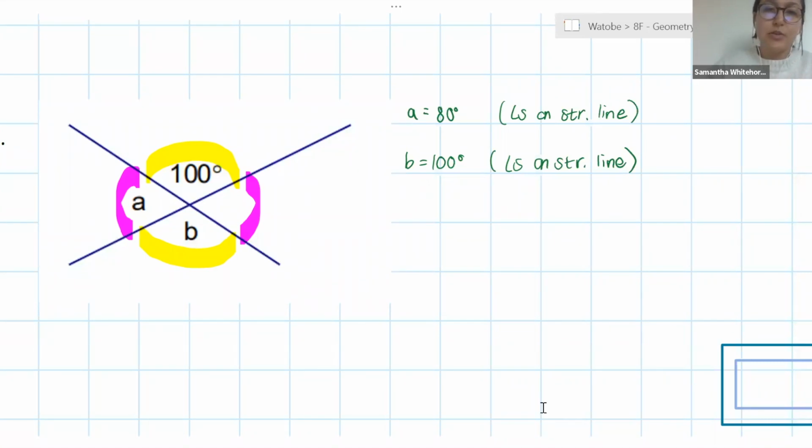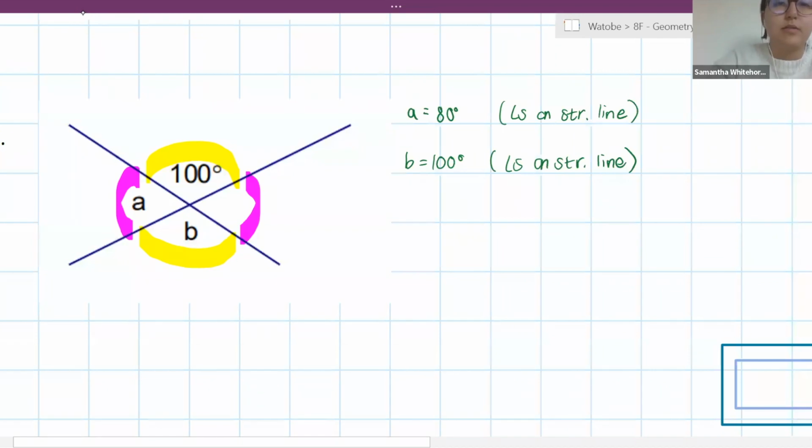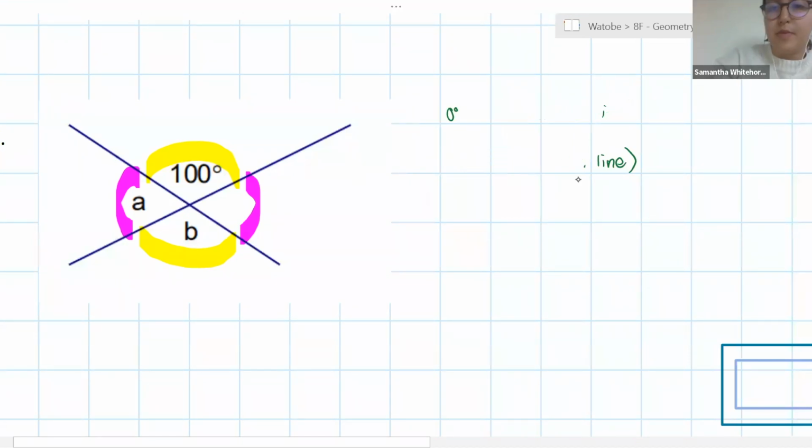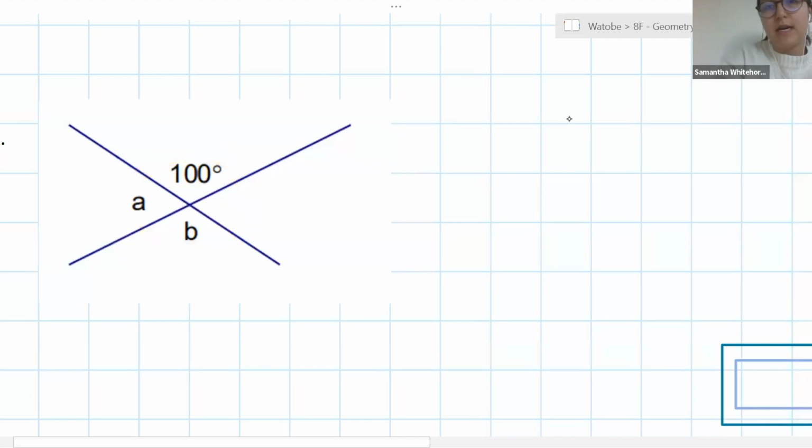Okay, guys, so just take this all off. If we start right from the beginning and we look at our diagram and I start with A, I can see that those are angles on a straight line. So what that means is that A plus 100 degrees must give me 180.